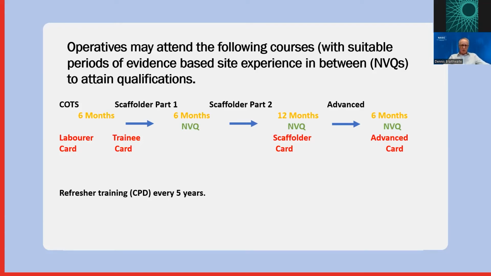And if they don't just crop up within that period, obviously, scaffolders have got to wait until they do, to actually complete it. So we're talking probably a minimum of 3.5, sometimes 4 years to get from labourer to advanced scaffolder.